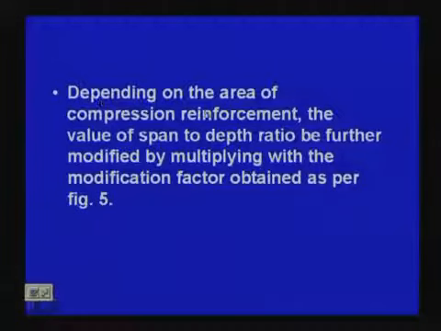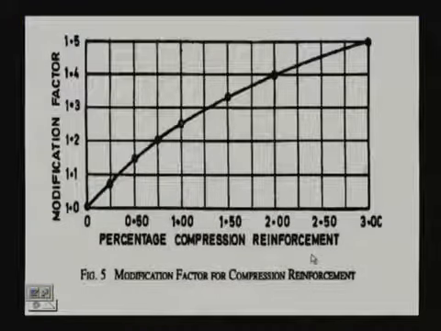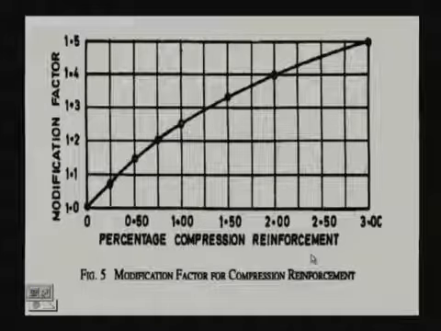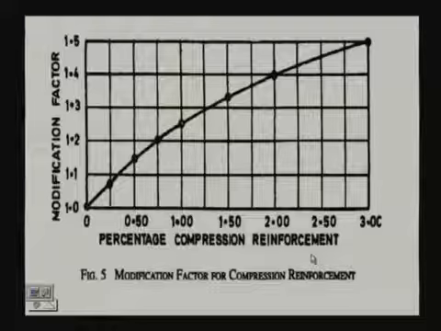Depending on the area of compression reinforcement, the value of span to depth ratio may be further modified by multiplying with the modification factor obtained as per figure 5. There is one more figure in IS 456 from which we can get another modification, depending on the compression reinforcement. The first one, figure 4, is on the tensile reinforcement, and the other is on the basis of compression reinforcement.